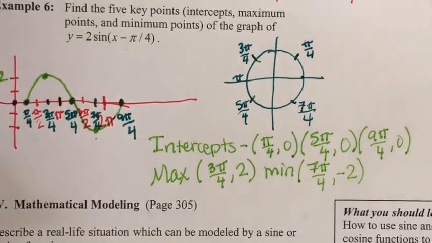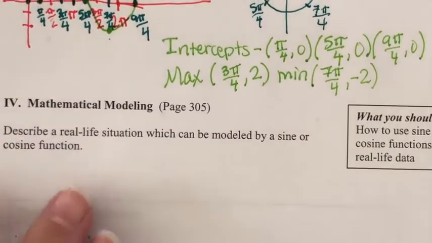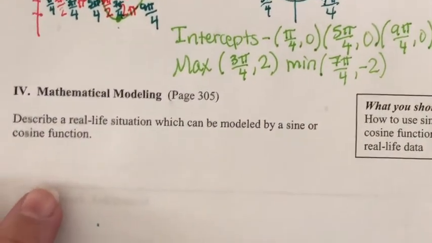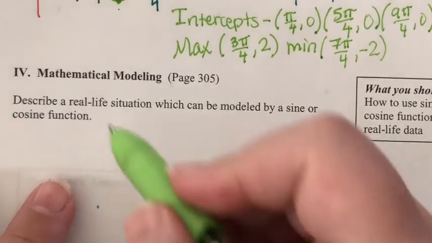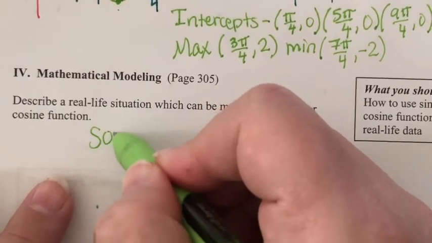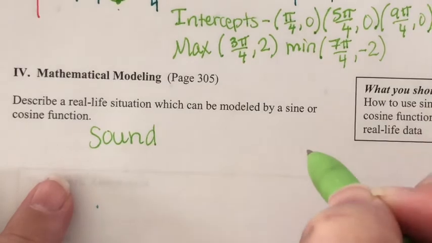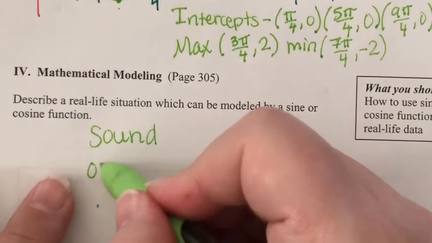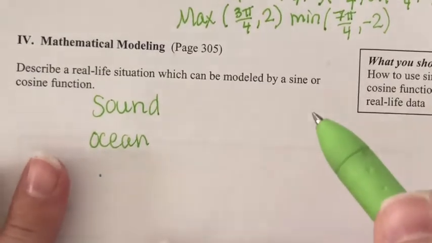Okay, and then a real life situation that could be modeled by a sine or cosine function. There are so many. One of them is sound. Sound travels in waves. The ocean has waves, or some of the big seas.